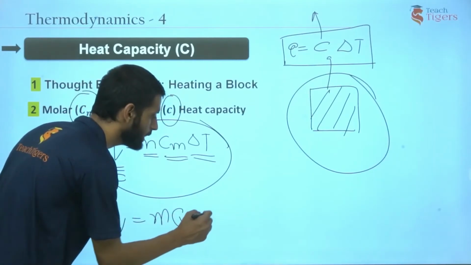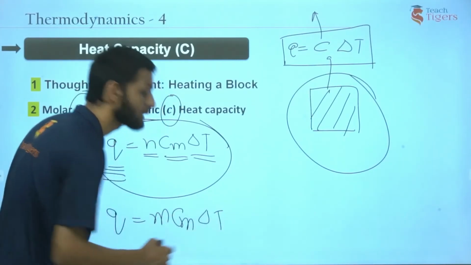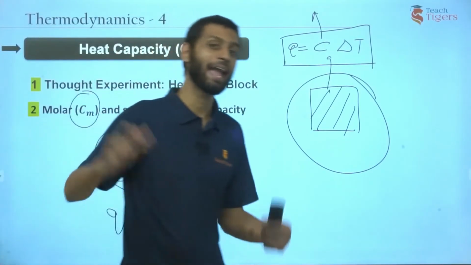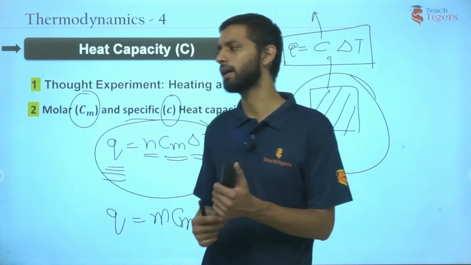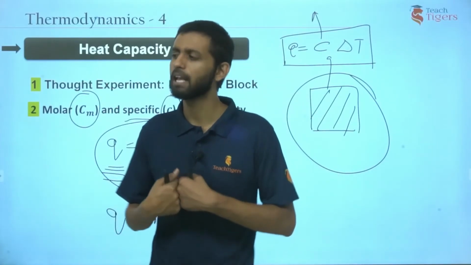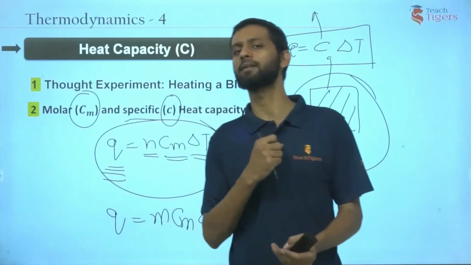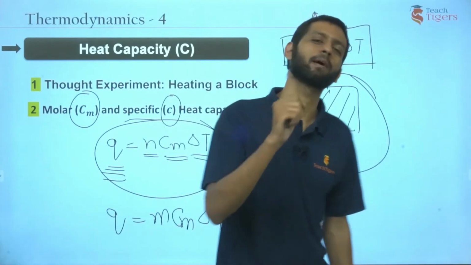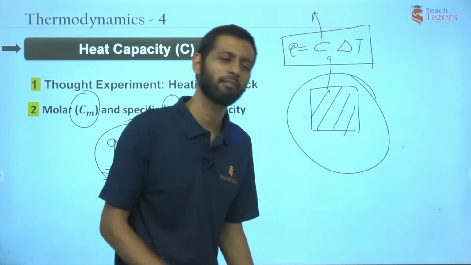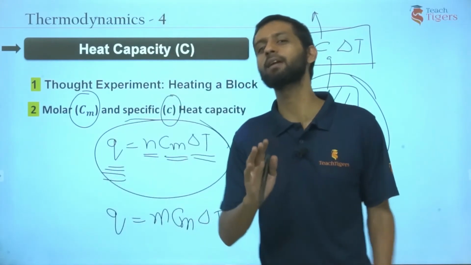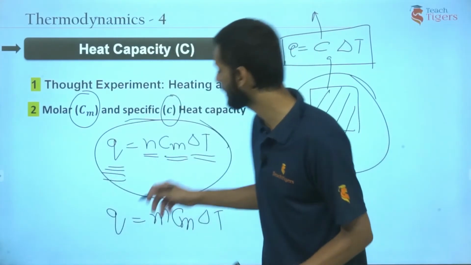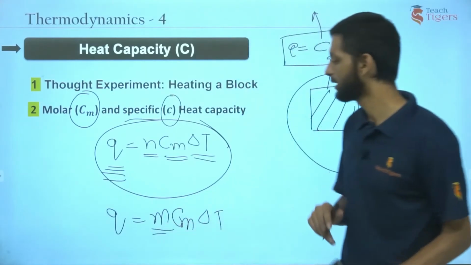If I have to heat a more massive body, a heavy body, I need more heat. If I have a 100 kg block of iron, then to raise its temperature by 1 Kelvin, I need more heat. If I have a 1 kg block of iron, to raise its temperature by 1 Kelvin, I need less heat. So it's directly proportional to mass.